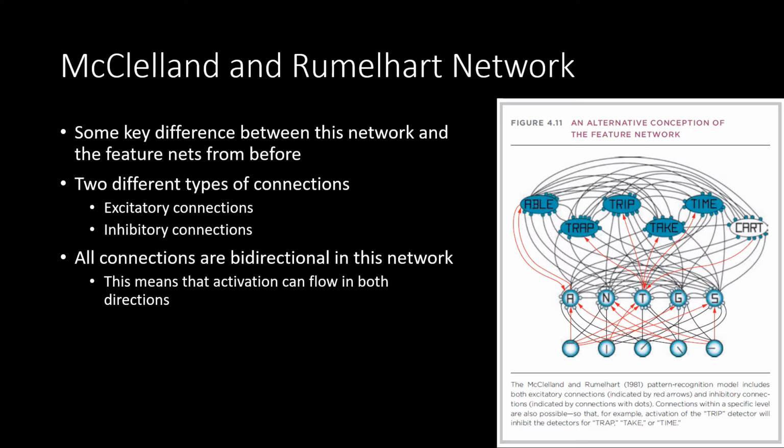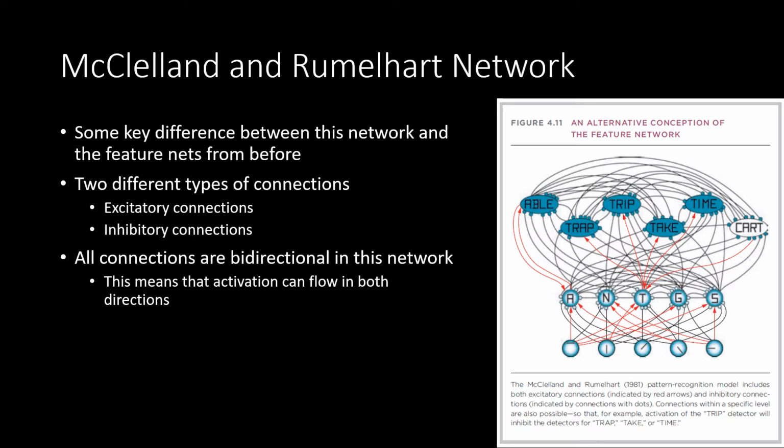Both types of connections exist, and thus neuronal connections are able to both excite other neurons down the chain as well as inhibit other neurons down the chain. And this combination of two different types of connections increases the complexity of what is possible. For example, this type of network, which is also abbreviated as an IAC model, an interactive activation and competition model, does not need bigram detectors to solve the same types of problems that we needed the bigram detectors for in that previous set of examples.